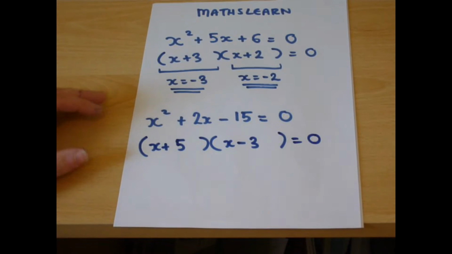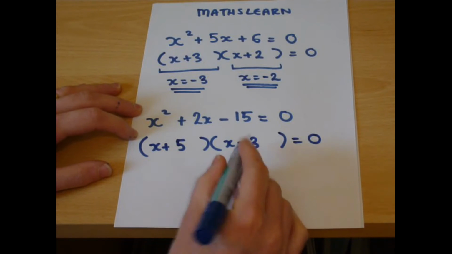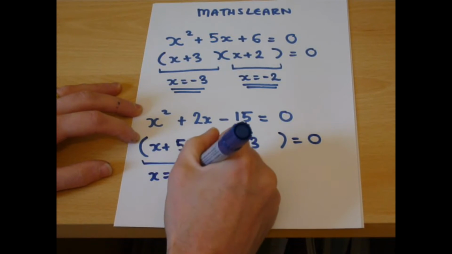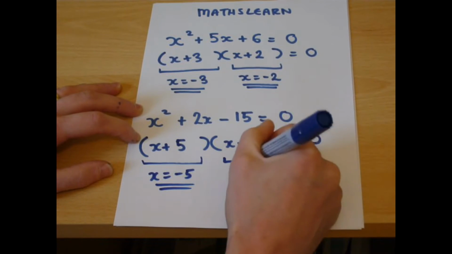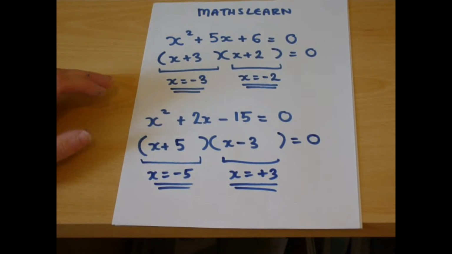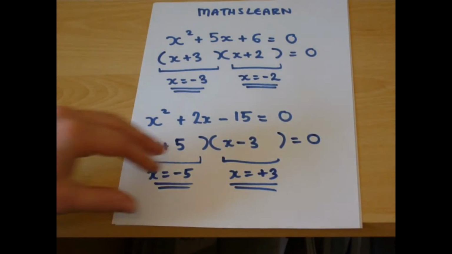I have factorized the expression. Either this equals 0 or that equals 0, so either x is minus 5 or x is plus 3. And they are the two solutions of the second quadratic equation.